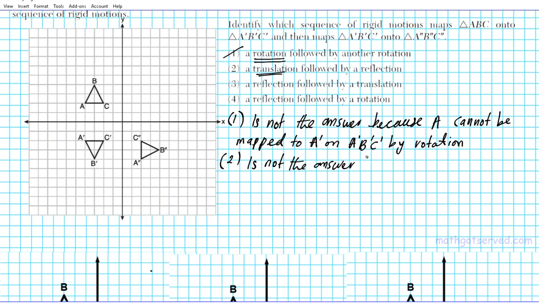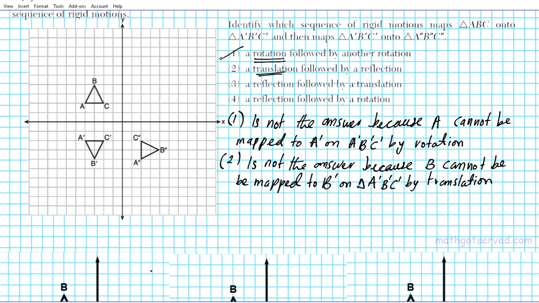Option 2 is not the answer because the vertex or point B cannot be mapped to B prime on triangle A prime, B prime, C prime by translation. It's impossible. So we are eliminating the second one.